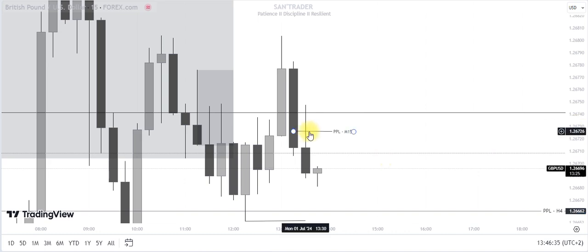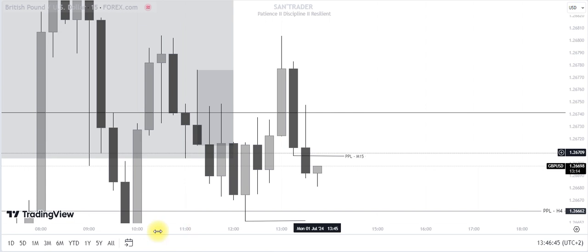So I can take this, put it there, right? So if we go above it, I will have to go to M1 and then look for something like this on M1.